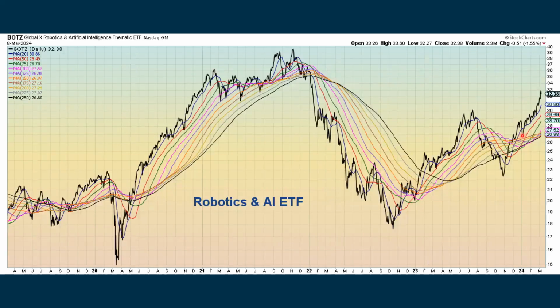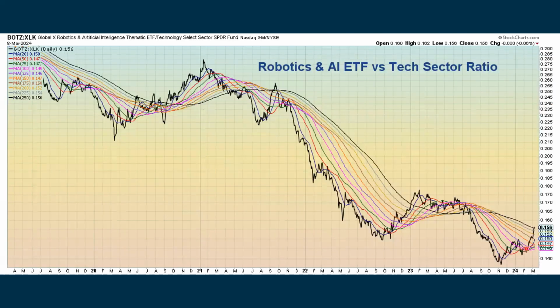This is robotics and AI, another big buzz thing that's happening right now. This is seeing a real solid up move when we look at this by itself, and it is starting to show some improvement when we do a ratio with the tech sector. It had been really underperforming since the beginning of 2024, and with NVIDIA and semiconductor-related companies doing really well, we're seeing this really start to show some improvement.